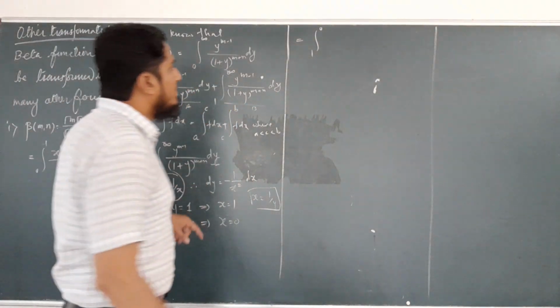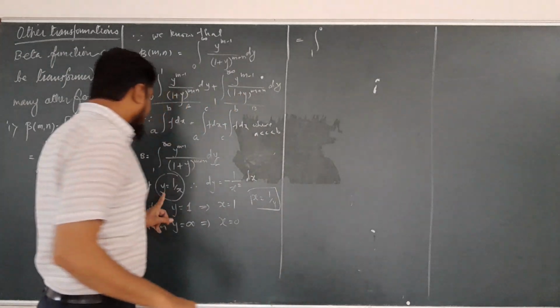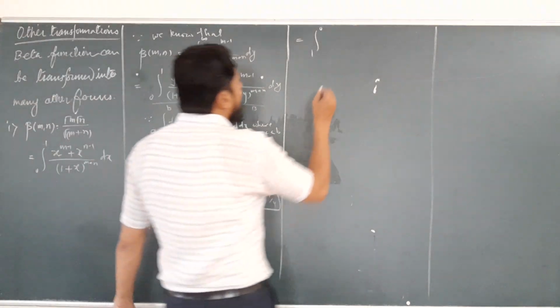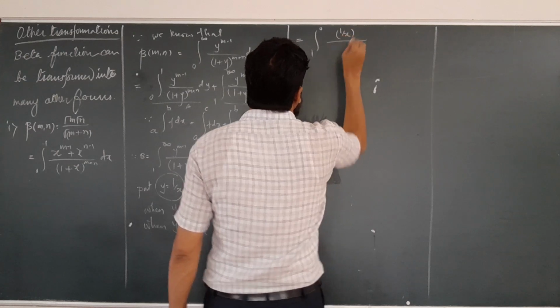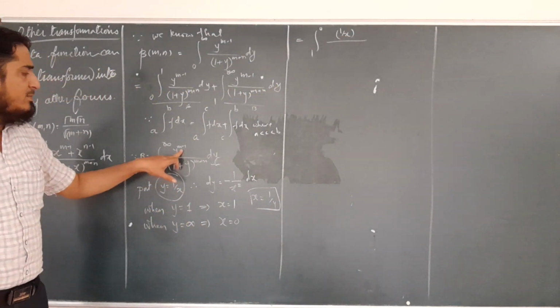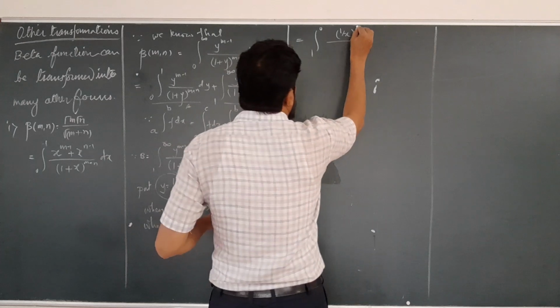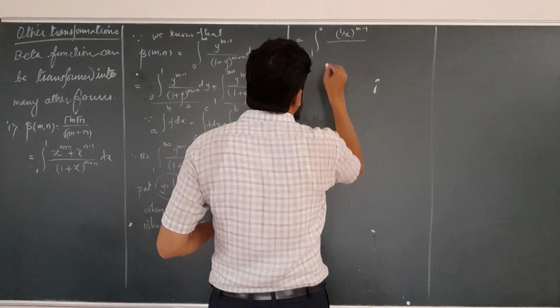Limits 1 to 0, and y is equal to 1 upon x. This implies that 1 upon x raised to m minus 1.